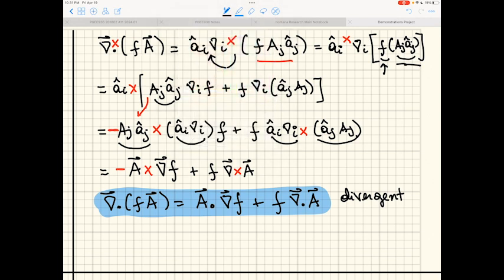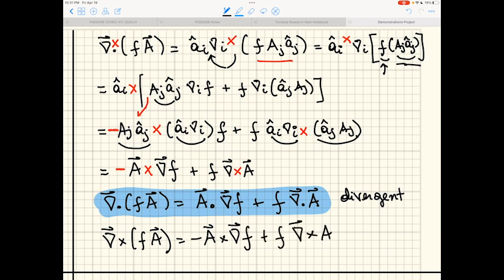So for the curl of F times A, we have the only difference: minus A cross gradient of F plus F times curl of A. That's the chain rule for the curl of a function times a vector. So these are the demonstrations for today.